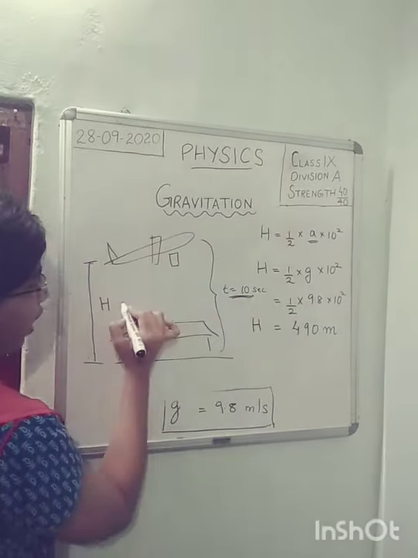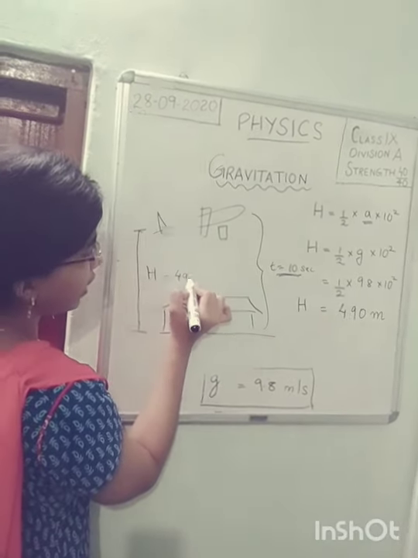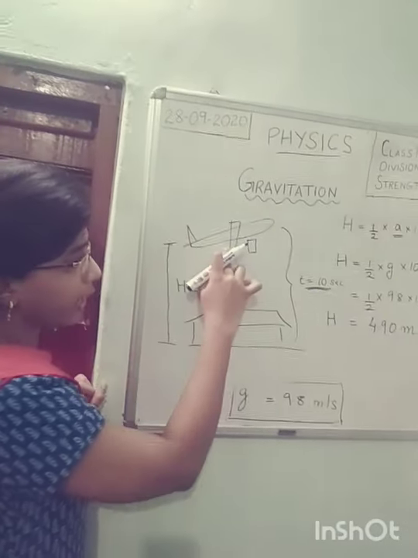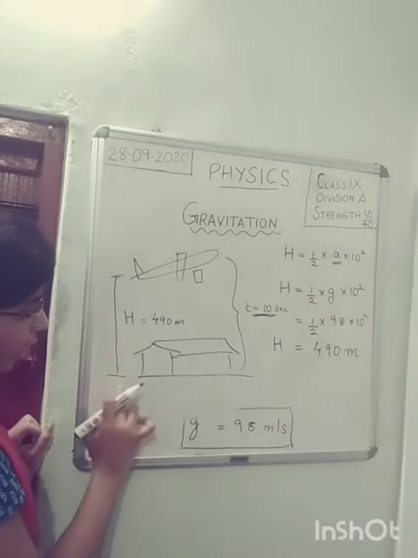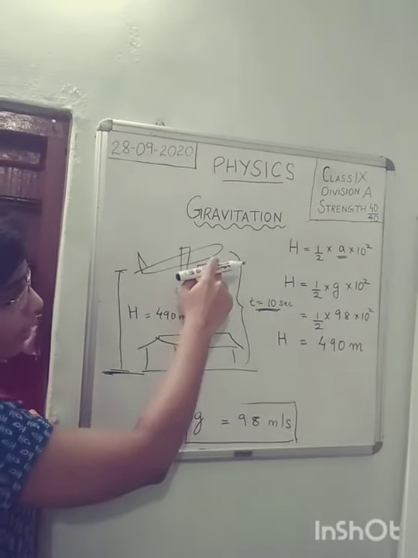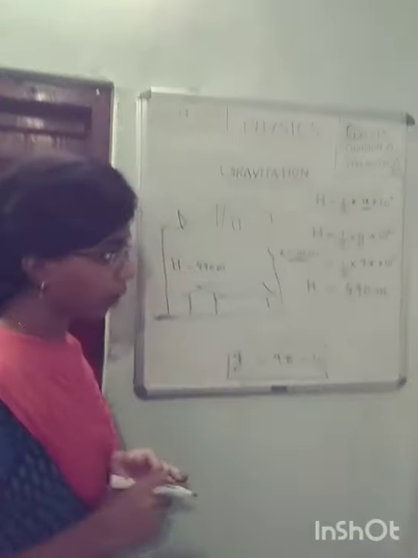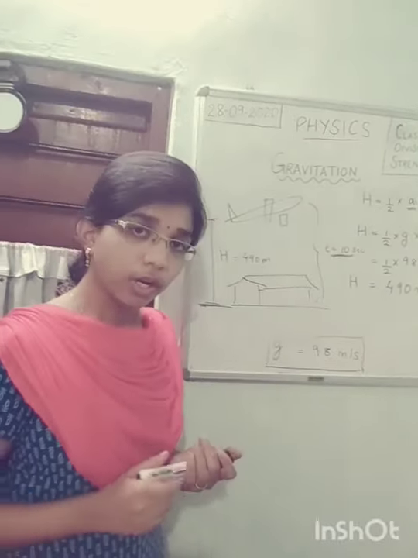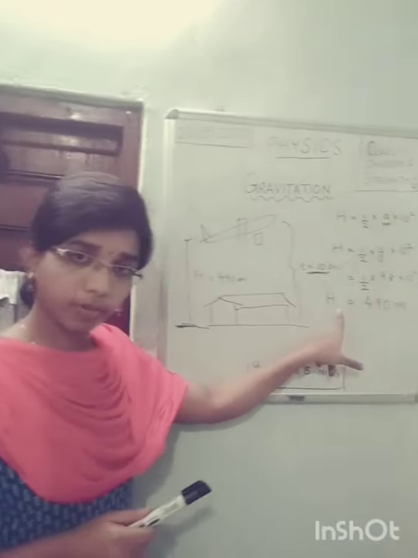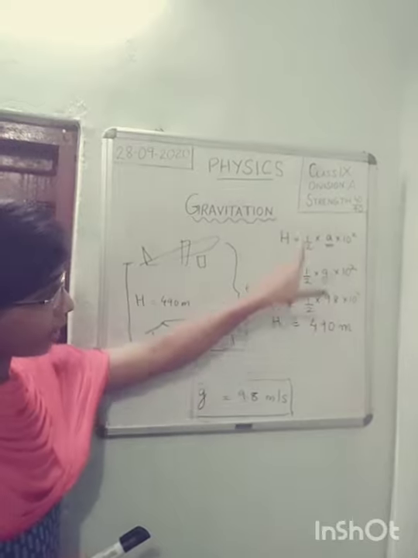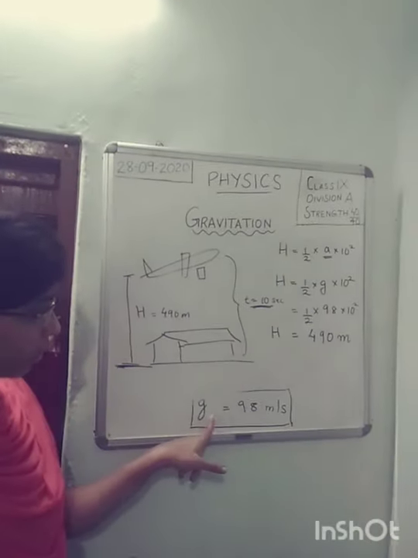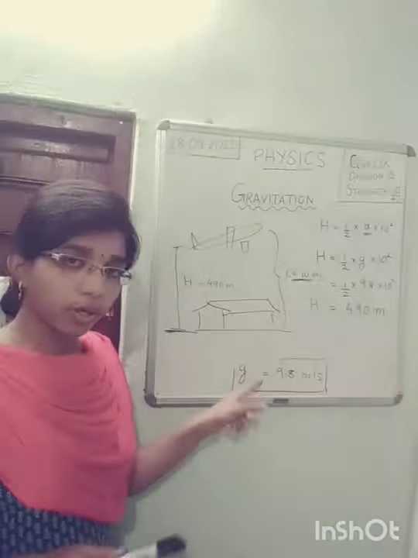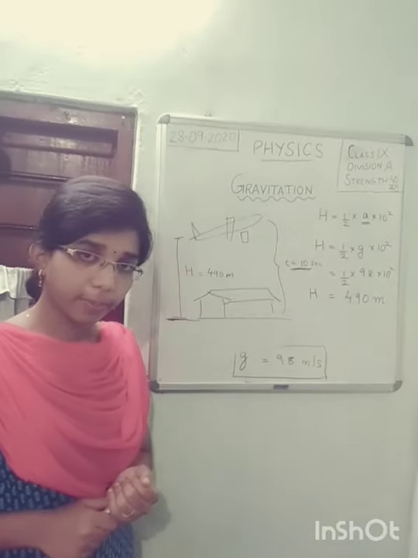So the height comes to be 490 meter. The plane was at 490 meter above the earth when the box was thrown out. So do you understand how we calculated? In order to calculate the value of height, we determined the value of g. Do you remember how we determined it?